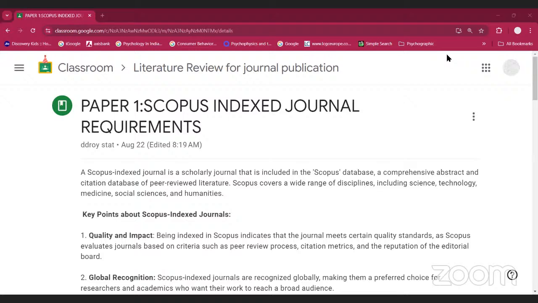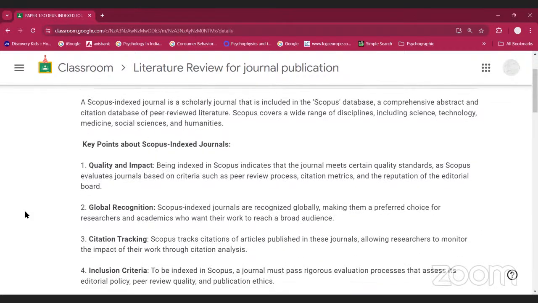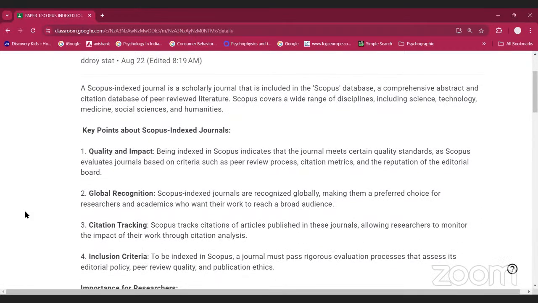Key points about Scopus indexed journals. Number 1, quality and impact. Being indexed in Scopus indicates that the journal meets certain quality standards, as Scopus evaluates journals based on criteria such as peer review process, citation metrics, and the reputation of the editorial board.